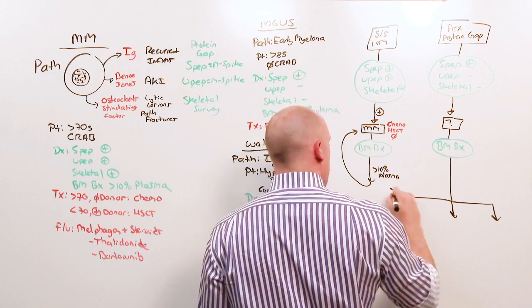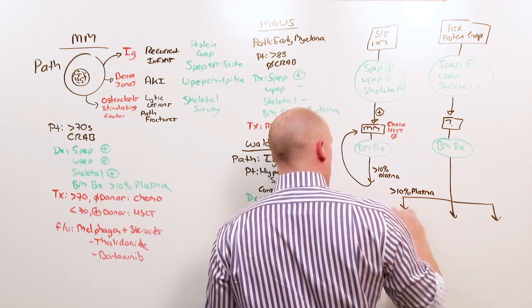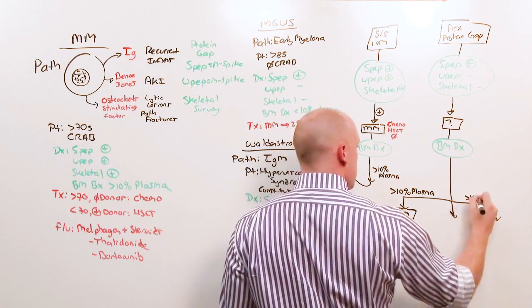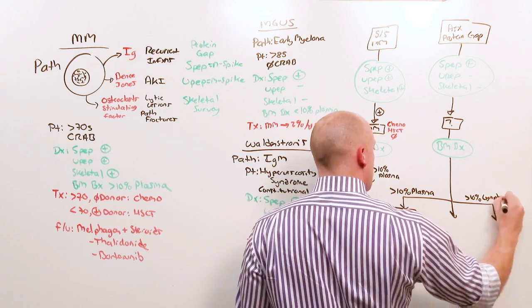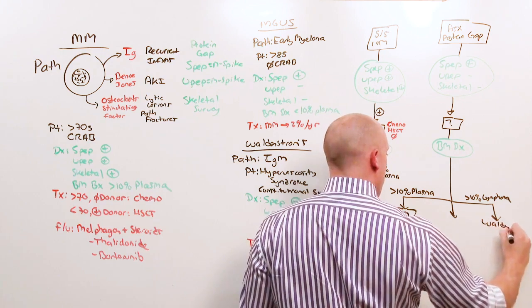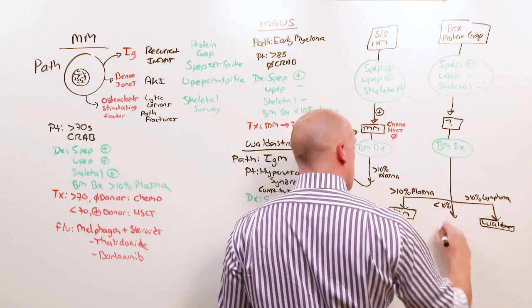If there are greater than 10% plasma cells, it's multiple myeloma. If there's greater than 10% lymphoplasmacytic lymphoma or lymphocytes, you've got Waldenstrom's. If it's less than 10%, you've got MGUS.